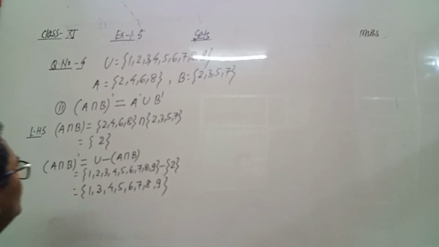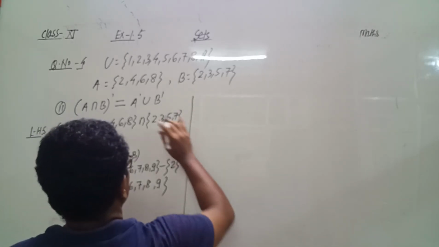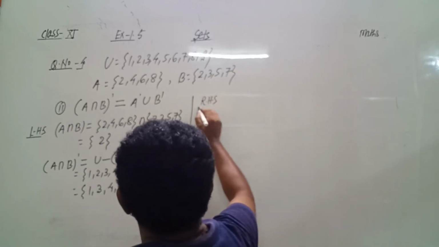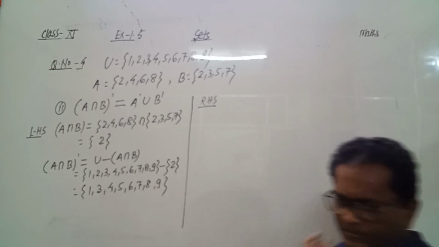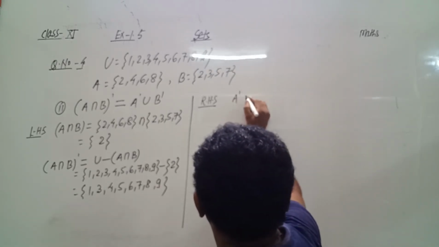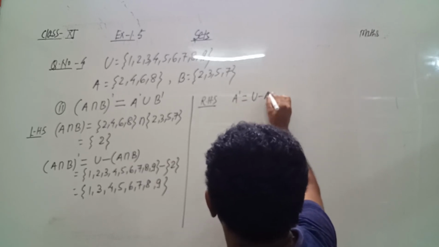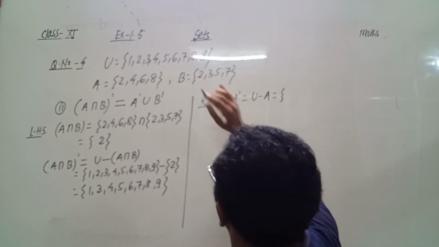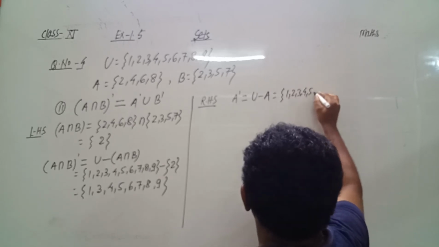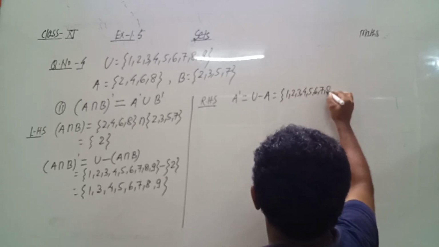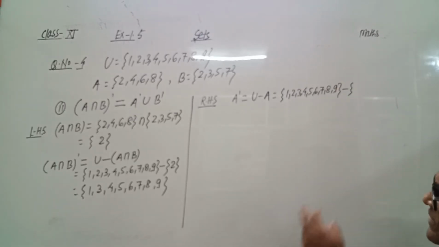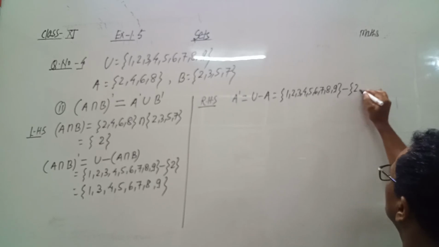Now we have to solve the RHS. For the RHS, first we find A dash, and A dash is calculated by U minus A. The value of U is 1, 2, 3, 4, 5, 6, 7, 8, 9, minus A, whose value is 2, 4, 6, 8.